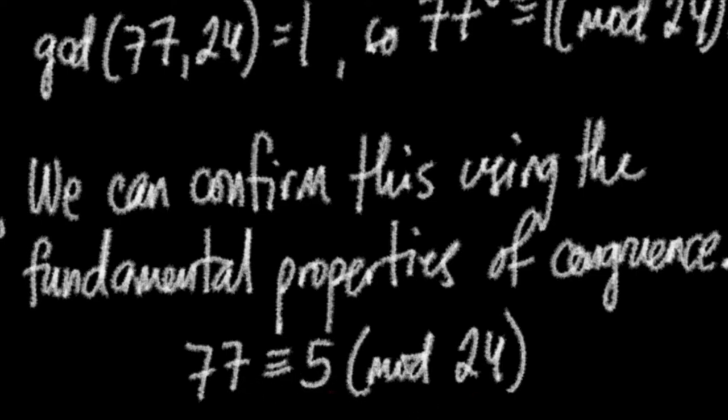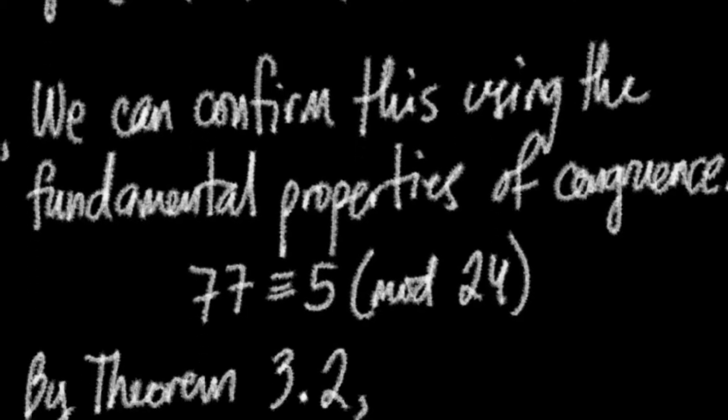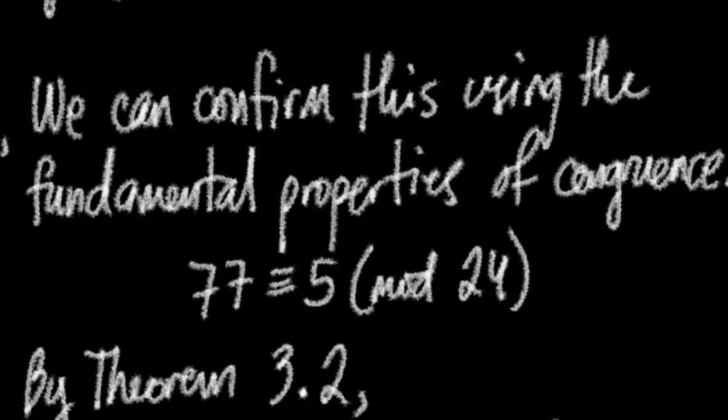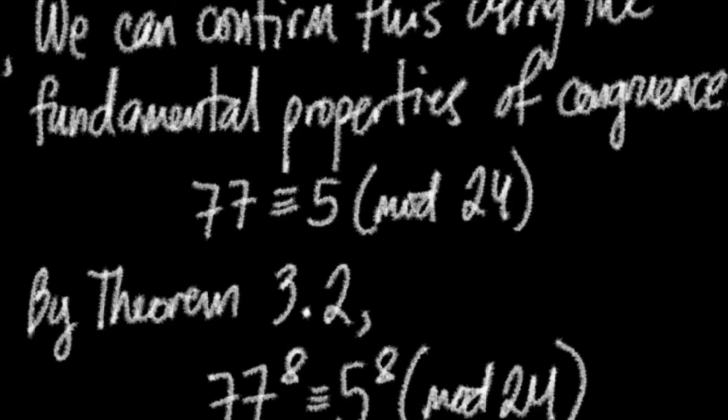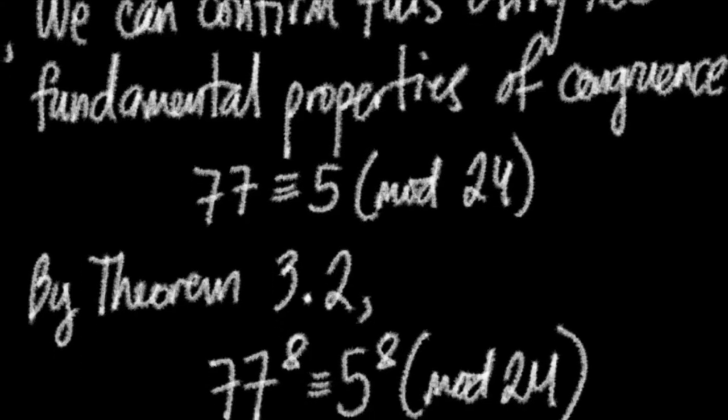By Theorem 3.2, which we learned in the third module, if we raise both sides to 8, 77 raised to 8 is congruent to 5 raised to 8 mod 24.